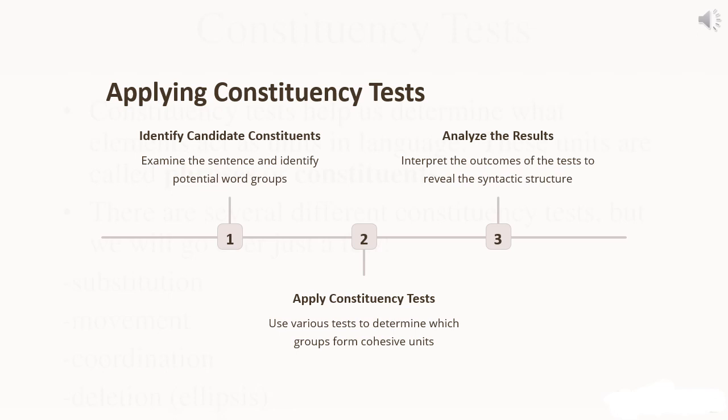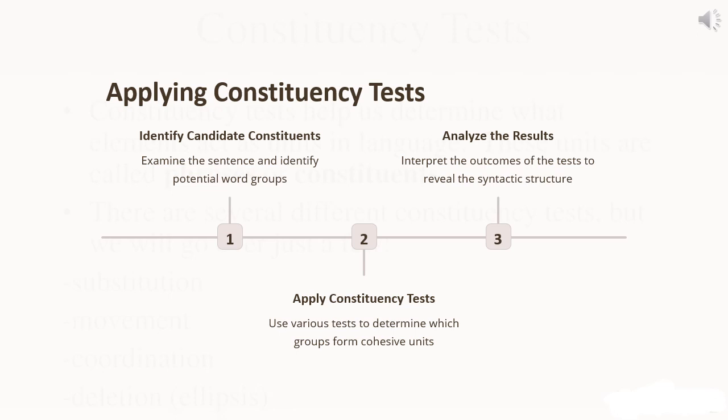So I take this sentence and I examine it and I try to find potential word groups, or one word, that serve as a building block for the sentence. When I find my constituents, I need to apply constituency tests on them.